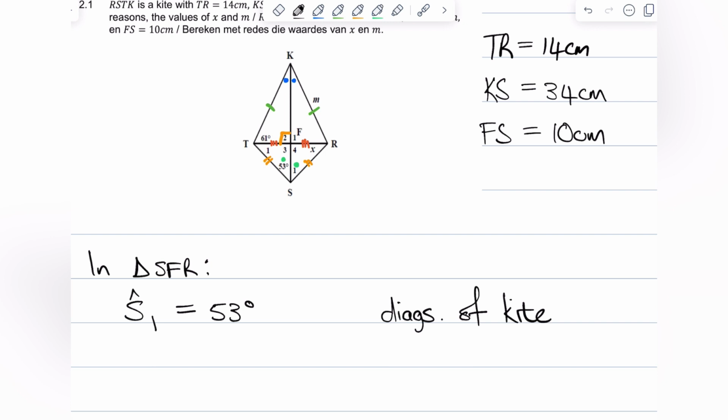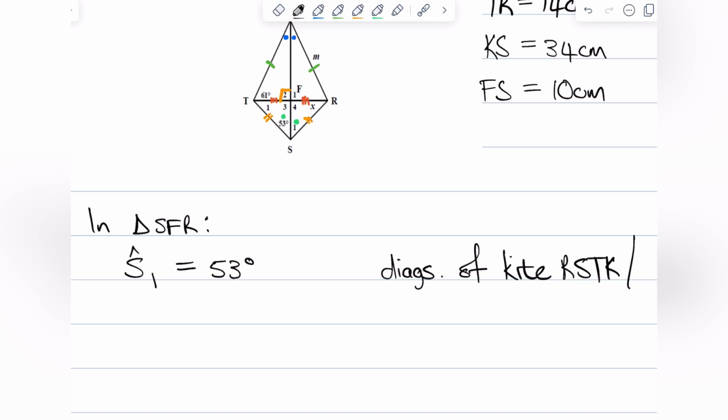Can I just call it by its name, kite RSTK. So diags of kite. Okay, so you can write that out in full, but the abbreviation would be accepted as well.